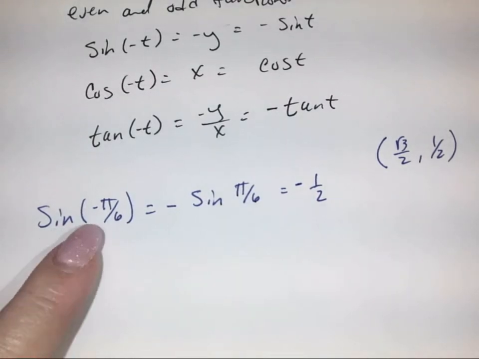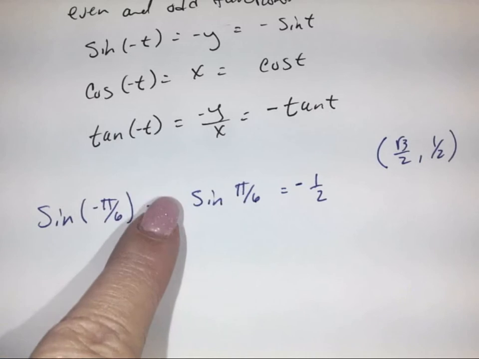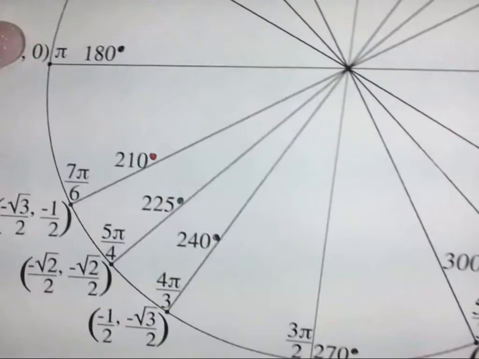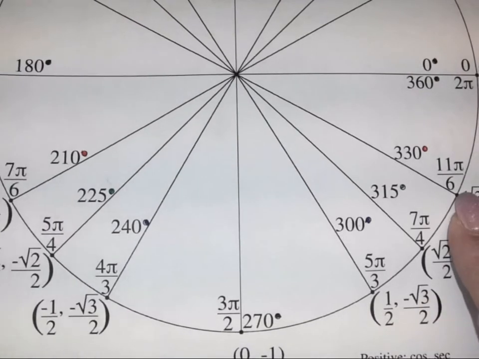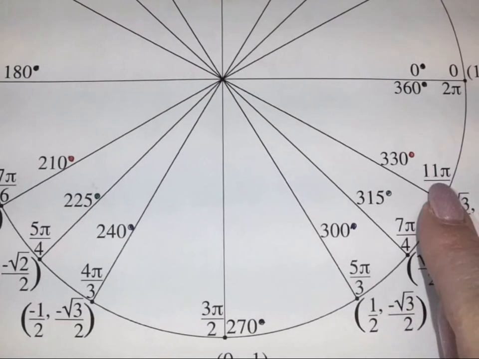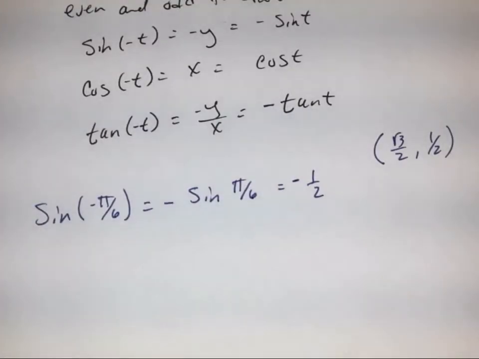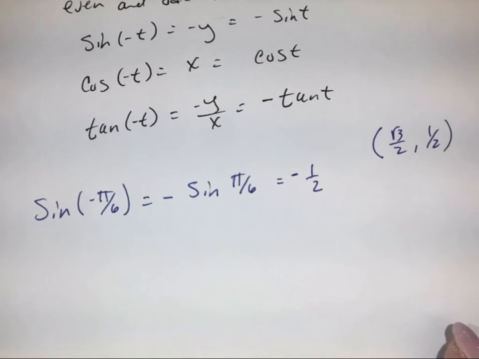This makes sense because negative pi over 6 is going down into quadrant 4, where our y's are negative. So you can make some connections.